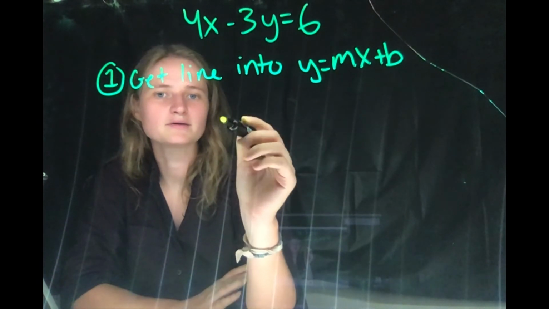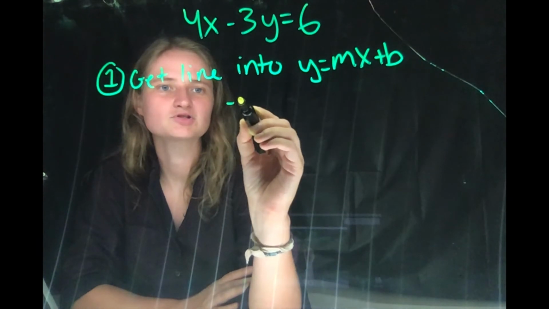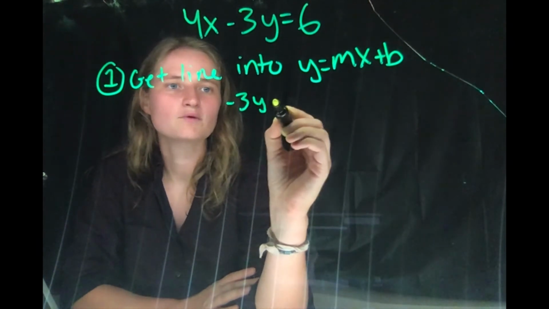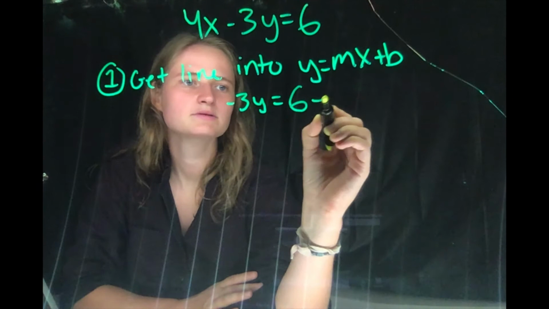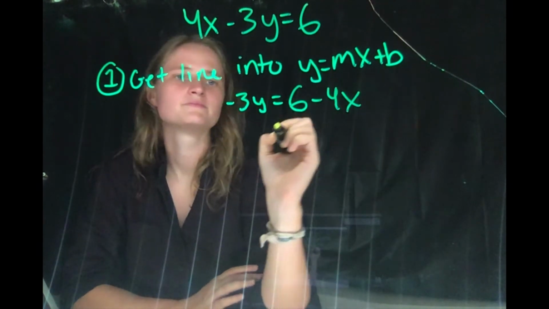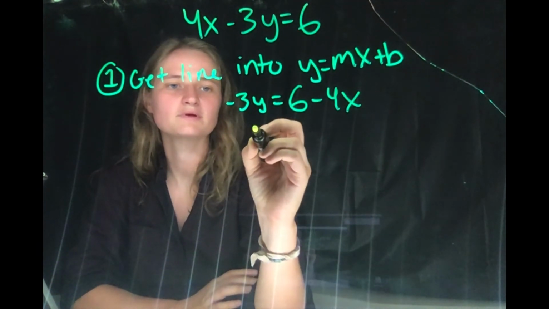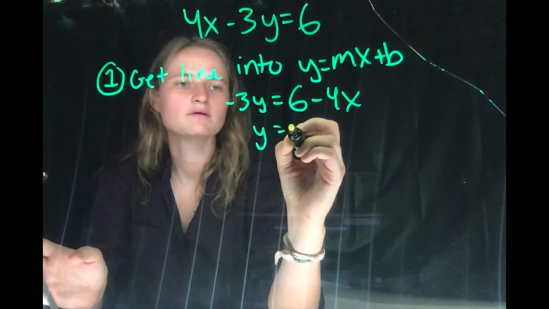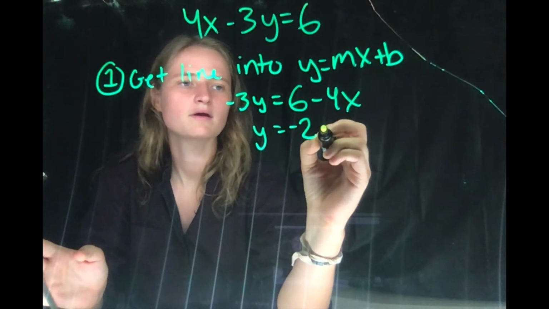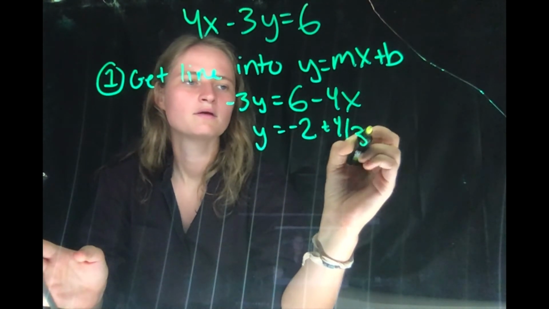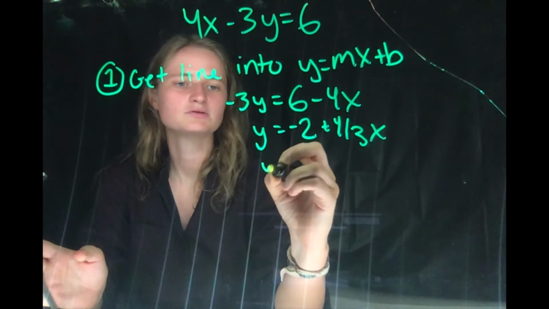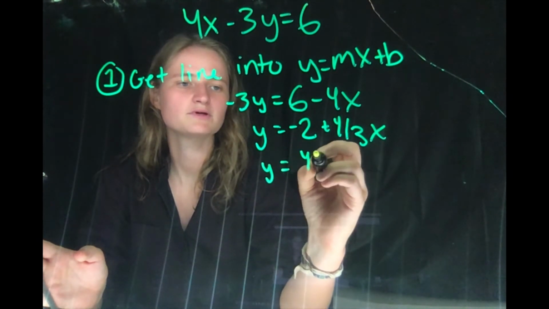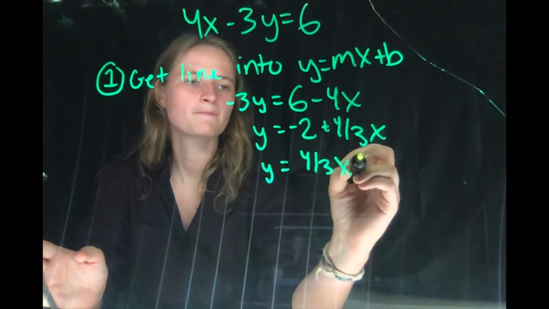So I'm going to go ahead and do that out. First I'll subtract out 4x from both sides. Then I'll divide out negative 3. And then I will just switch these two over here to make it look identical.